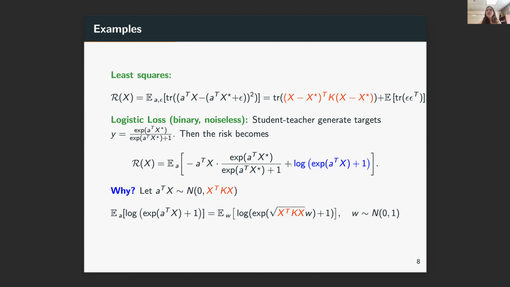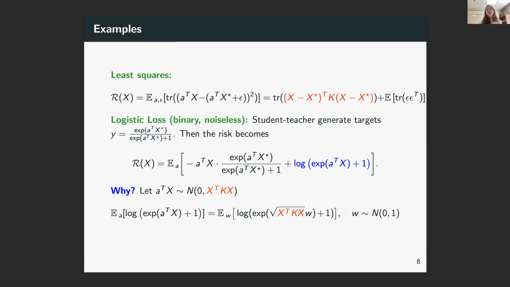So if we look at things like the log of the exponential of A transpose X plus 1, we take its expectation, we can just do a change of variables and replace the A transpose X with something like the square root of its covariance times a standard normal.